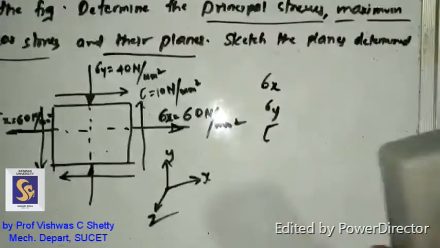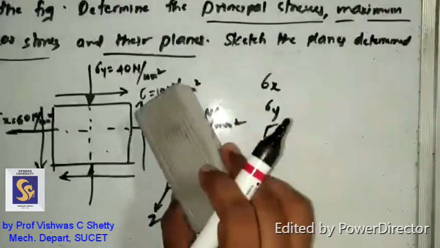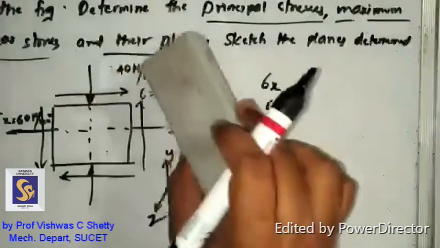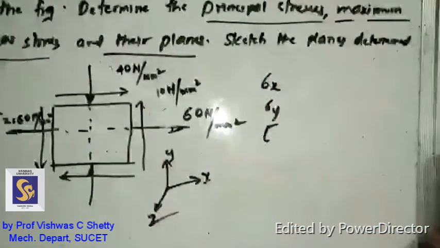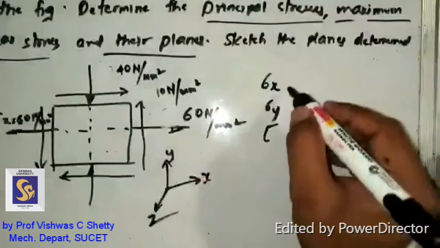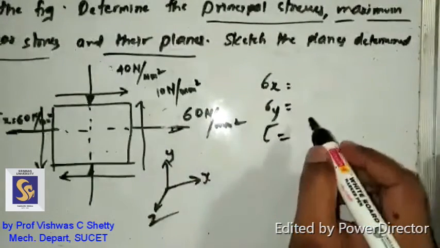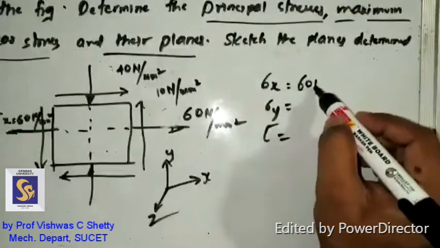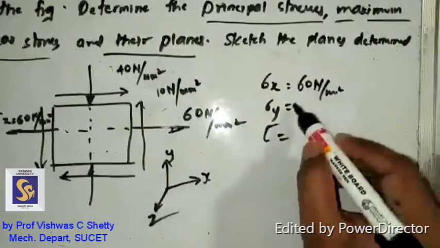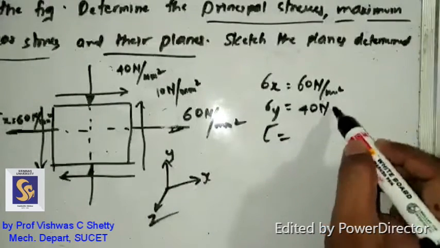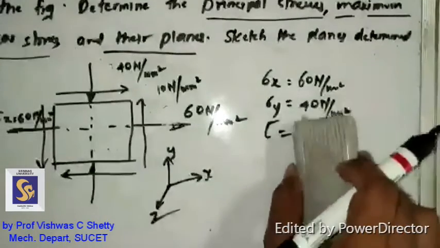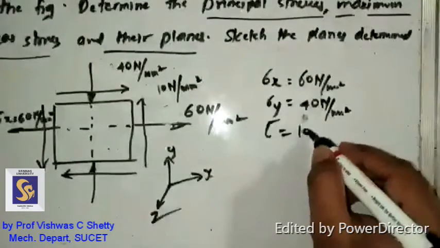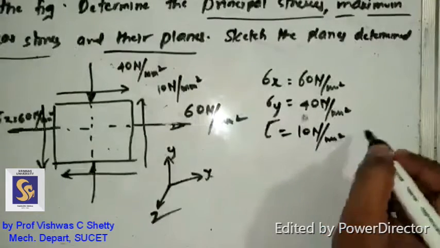In the exam question, sigma x and sigma y will not be specified; you only have to take down the data from them.